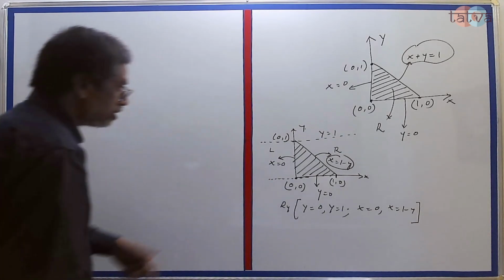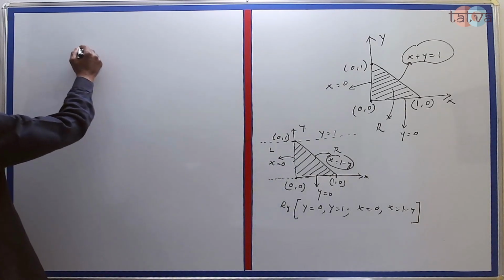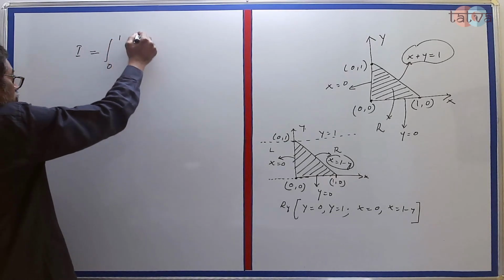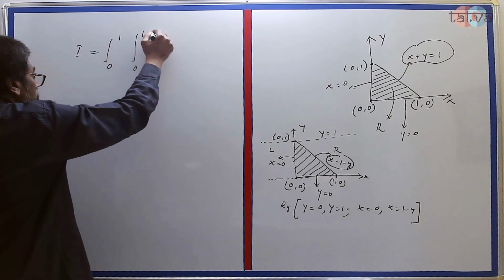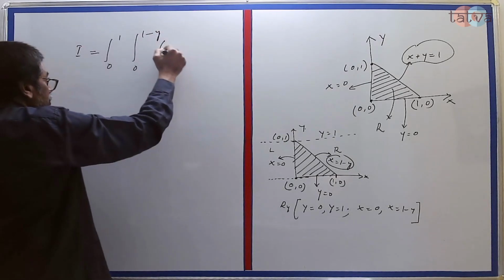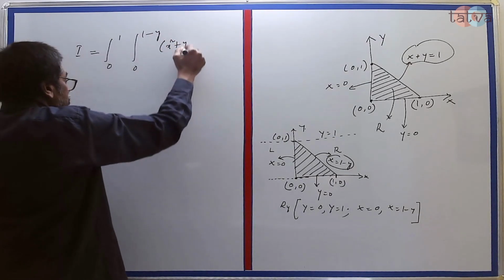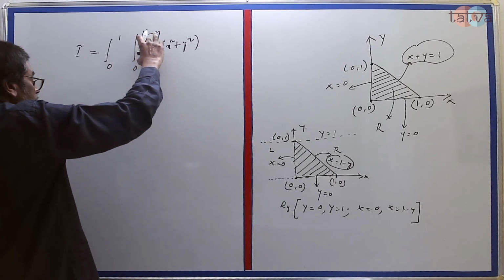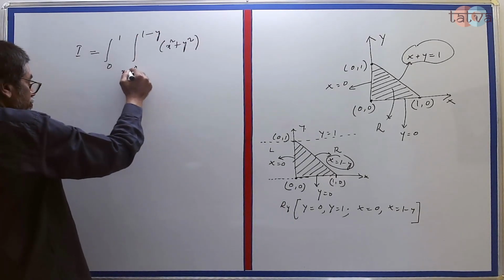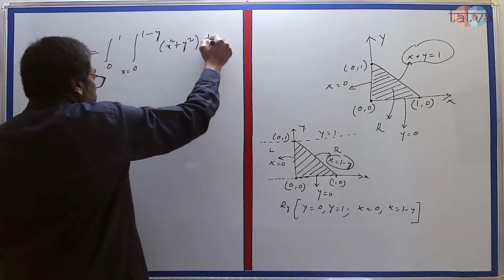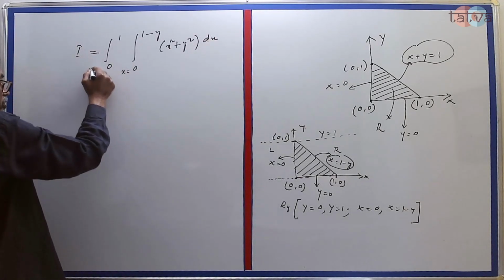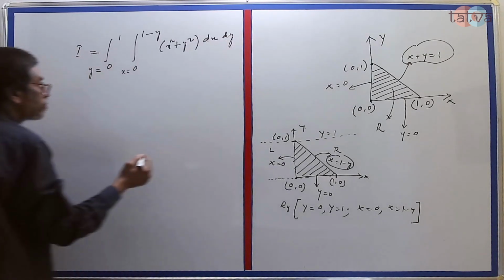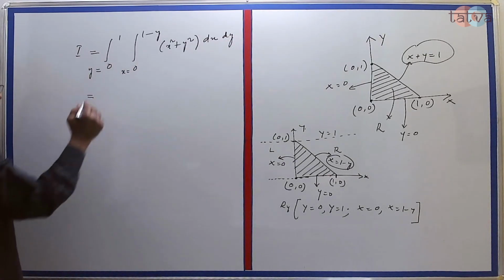So with this, we can now write I is equal to integral 0 to 1, 0 to 1 minus y, x squared plus y squared. And because these are the limits of x, it will be dx first. Because these are the limits for y, it will be dy next. I hope it's clear.